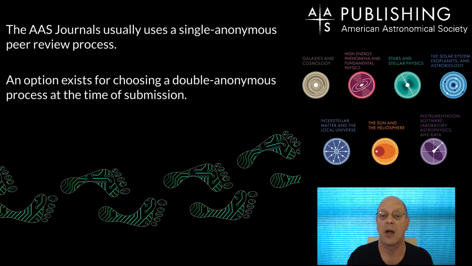So a double anonymous review process is where the author information is redacted from the paper so that both the referee and the author are anonymous to each other, or hopefully anonymous to each other. I'm going to talk more about this option in part 3 of this video series. But for now and the next one, I want to concentrate on the single anonymous peer review process.